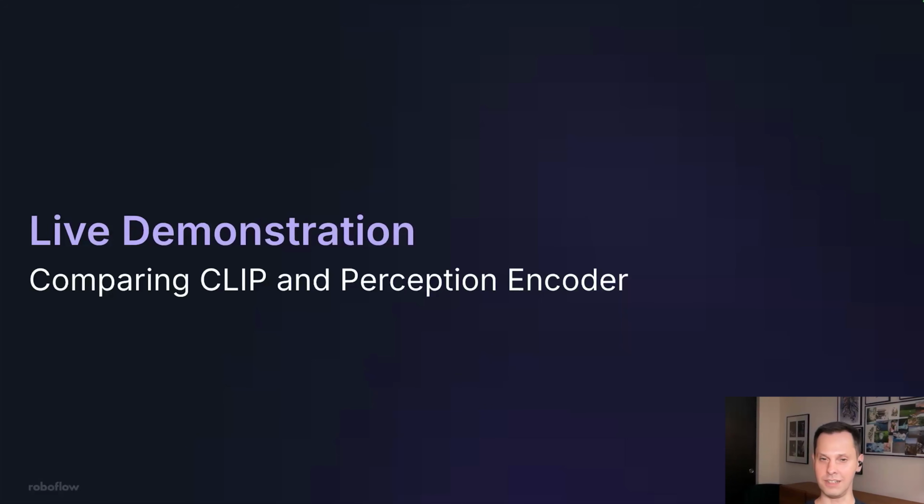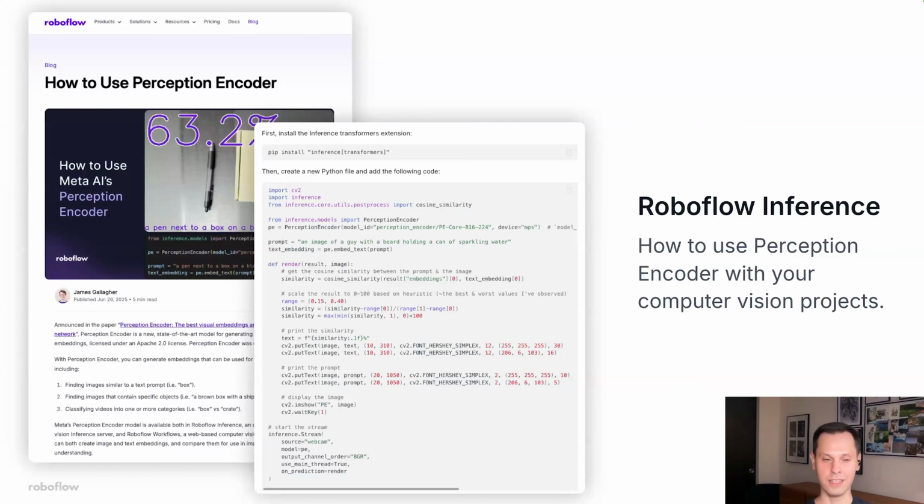Yeah, so we can move on here to, if you are a user of Roboflow and you're interested in how Perception Encoder might be applied within the Roboflow ecosystem, I was hoping that Peter, you might be able to tell us a little bit about the tools that are available for people at this moment.